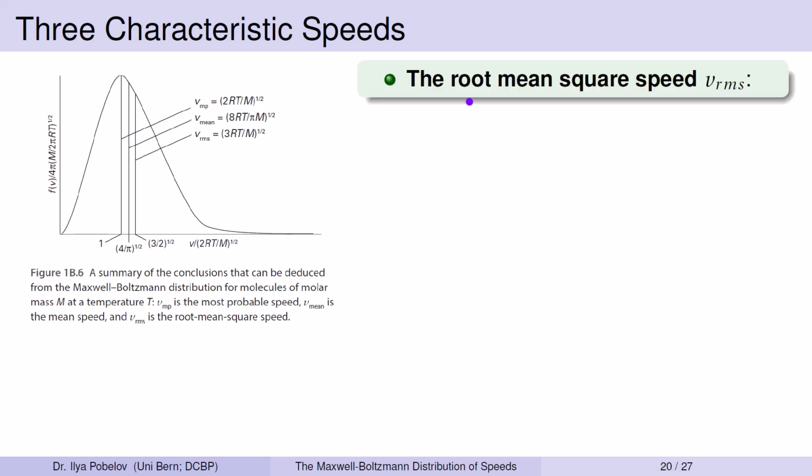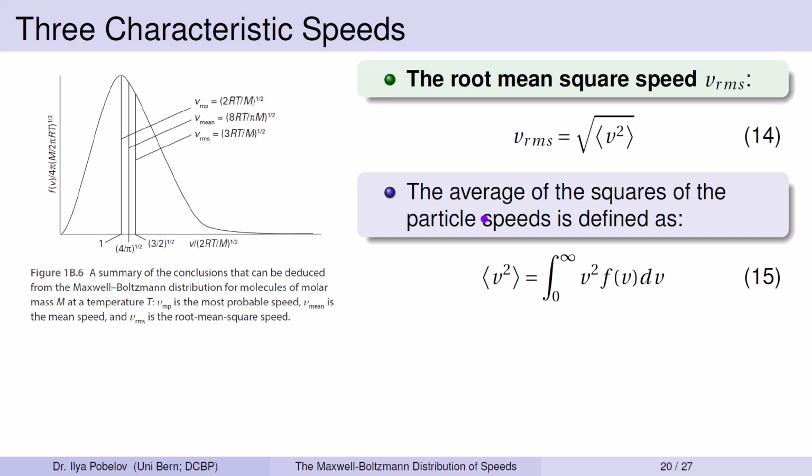Finally, we have the root mean square speed. This is the square root of the average of the squares of the particle speeds. The average of the squares of the particle speeds is defined as the integral of v squared times f(v) over all speeds from 0 to infinity.